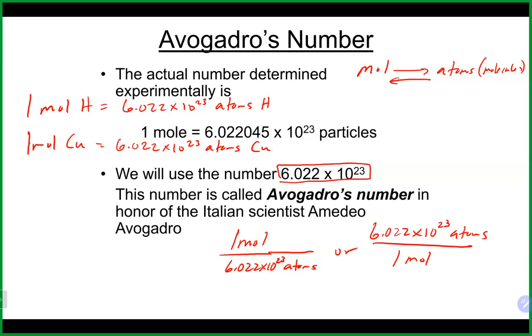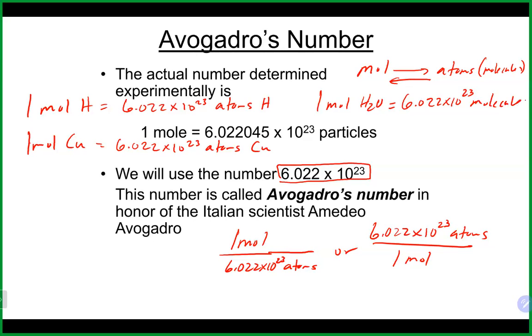Obviously, you could write 2 conversion factors for each of those. It also works for things that are not just elements by themselves. If I have 1 mole of water, how many molecules of water should I have? 6.022 times 10 to the 23 molecules.